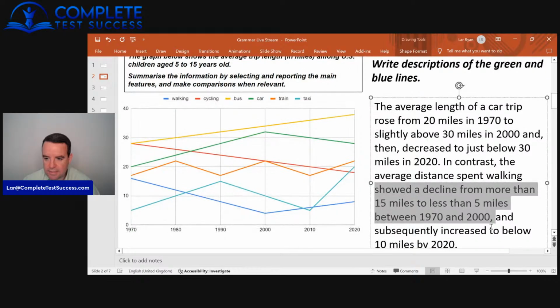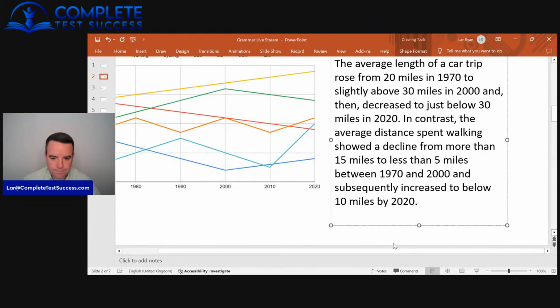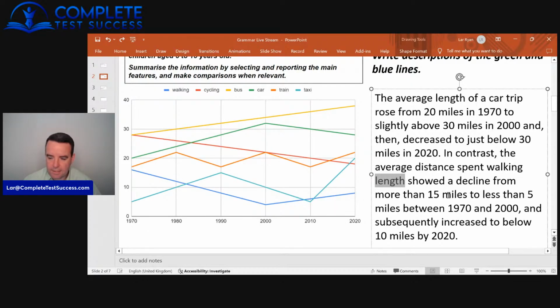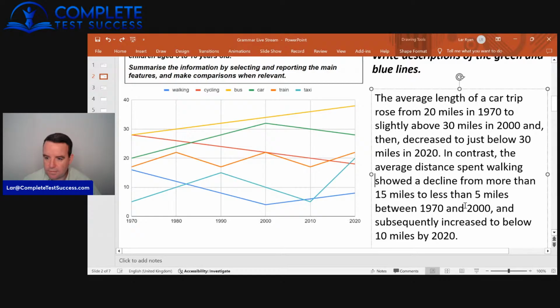"And subsequently increased." We don't need a comma there because, like we were saying earlier, after the word "and," if there's a subject, like "and it," then we need a comma before "and." But here you don't have a subject.